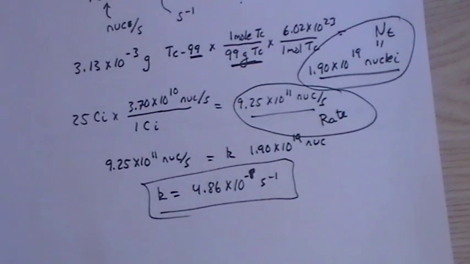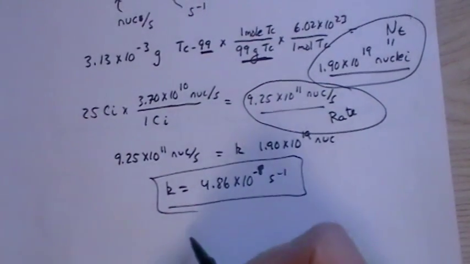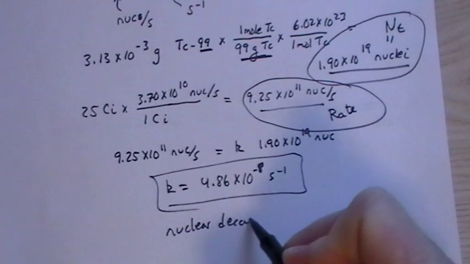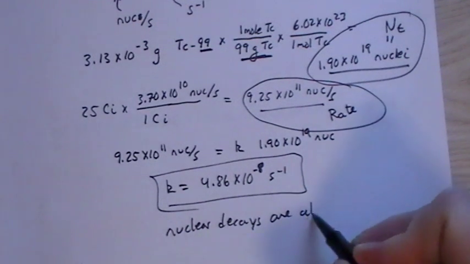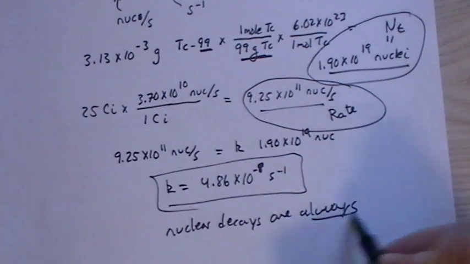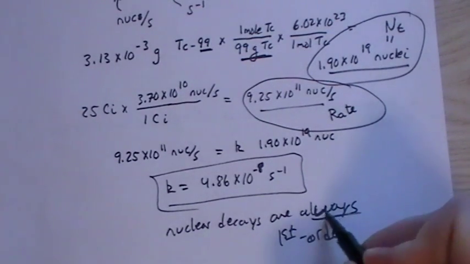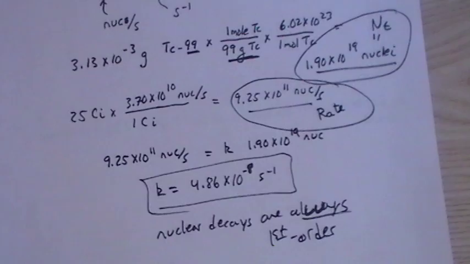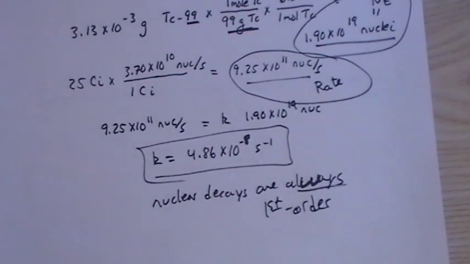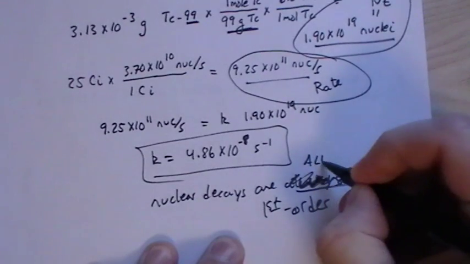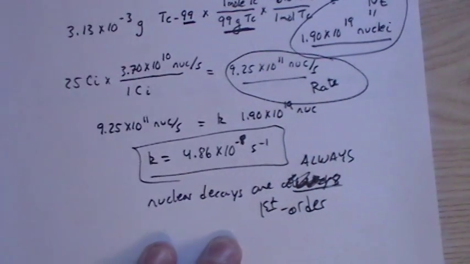And this should look very, very familiar. We did this in our very first chapter. Nuclear decays are always first order. So unlike in that chapter where we were talking about chemical rates, we had 0th, 1st, and 2nd, we'll always be dealing with first order.